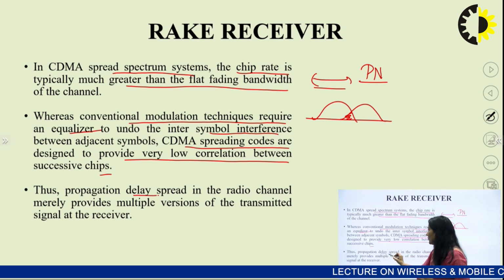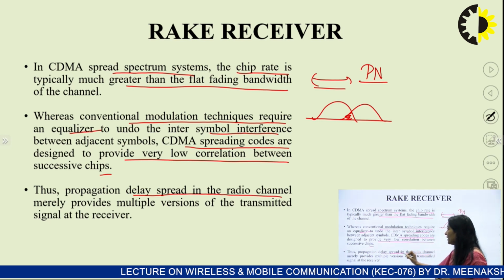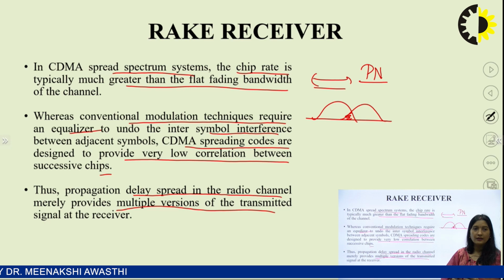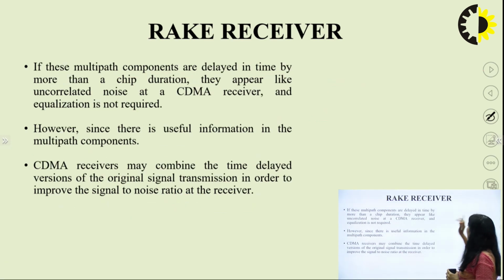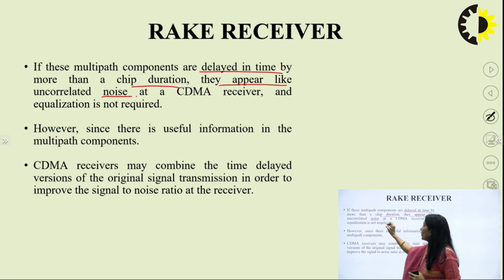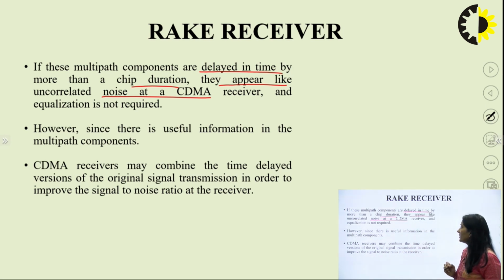Here, the propagation delay spread in the radio channel merely provides multiple versions of the transmitted signal at the receiver. If these multipath components are delayed in time by more than a chip duration, they appear like uncorrelated noise at a CDMA receiver, and equalization is not required.